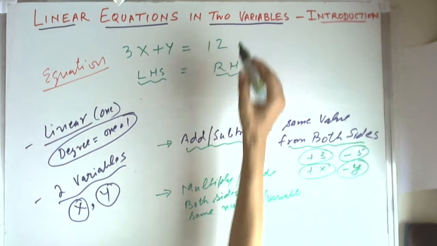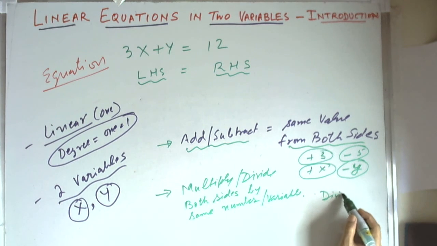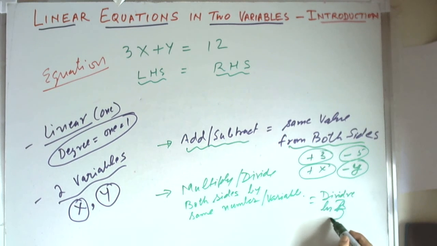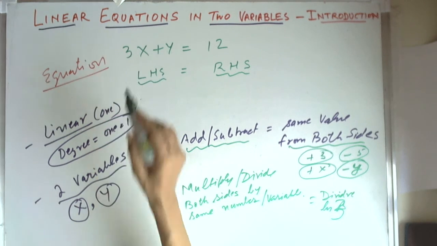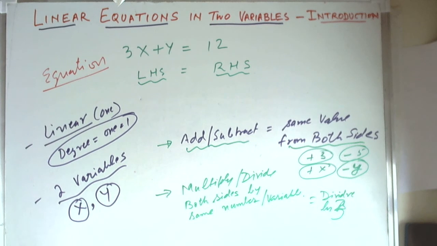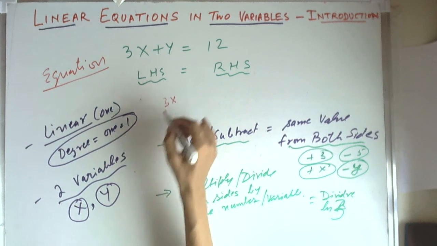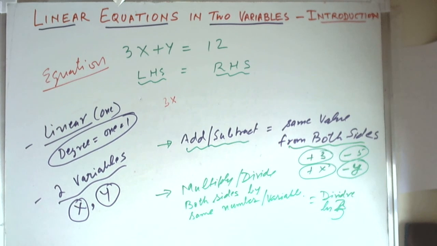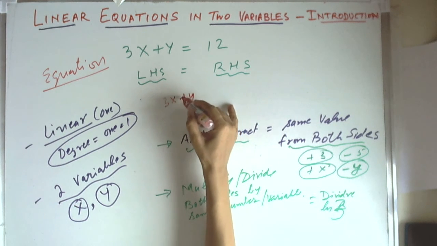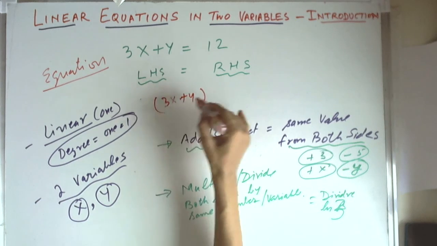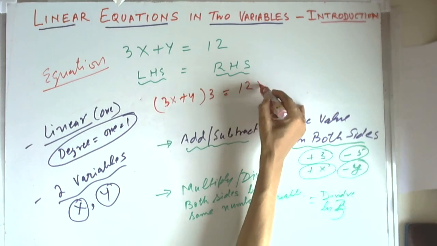So we can divide this by 3. As long as we are dividing by 3 on both sides, left hand side also by 3, right hand side also by 3, or we can multiply by 3, the value will remain the same. So we can say 3x plus y multiplied by 3, and we can also do 12 multiplied by 3.